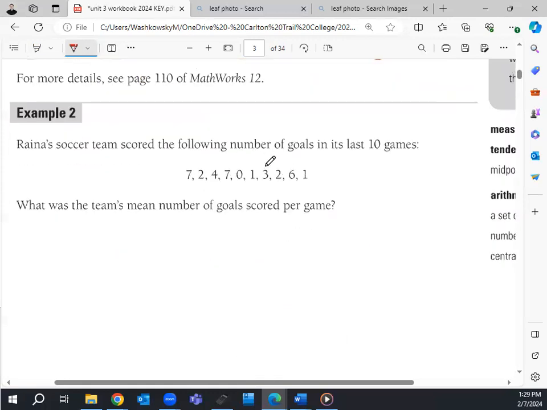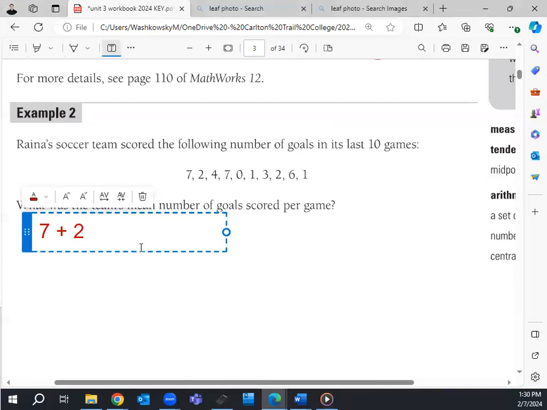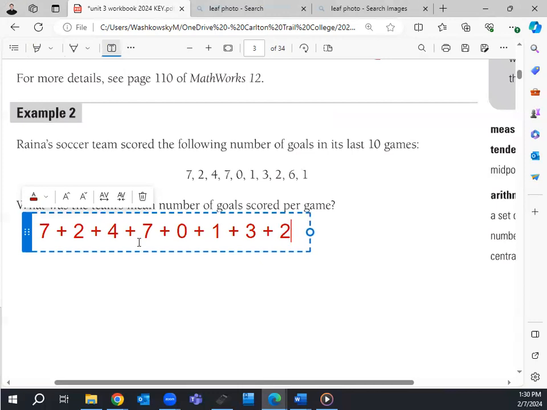So let's work through a pretty basic example here. I have this question right here. How could I figure out what this is? First off, I'm not going to ask you to write this down. I'm just doing this to show it. If you already know what this is, you do not have to write it down. On my calculator or in my head, I'm literally adding all this stuff up, plus 6, plus 1.